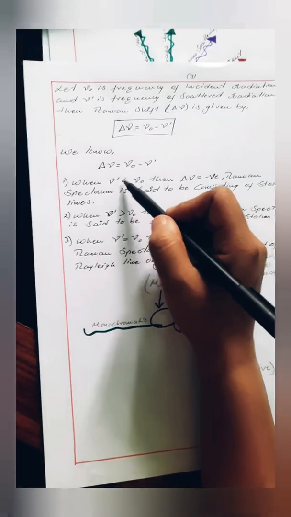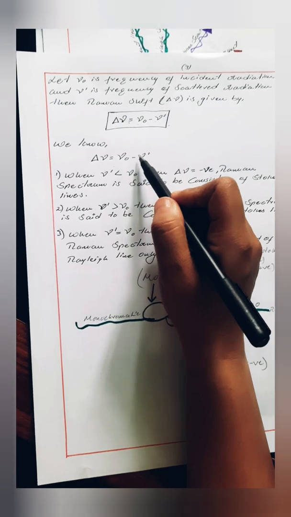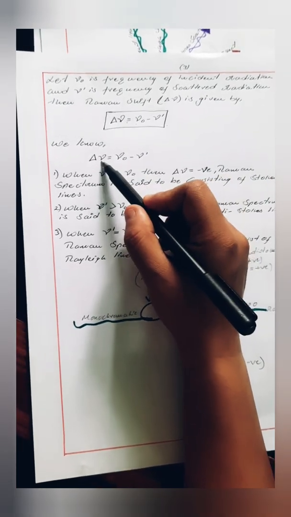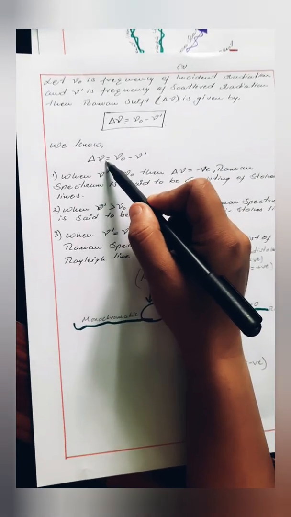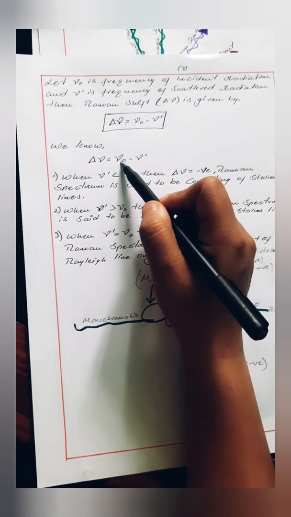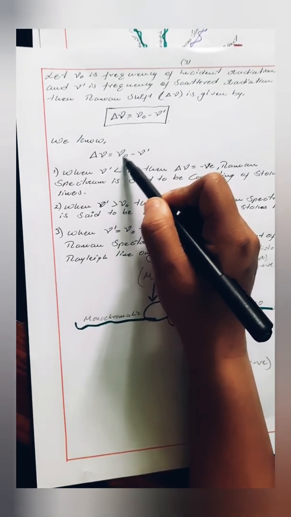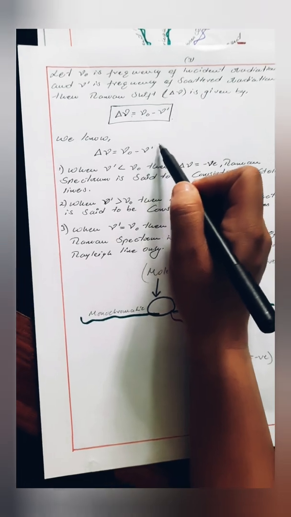We know delta nu equals nu naught minus nu dash, that is the difference between the frequency of incident ray minus frequency of scattered ray.